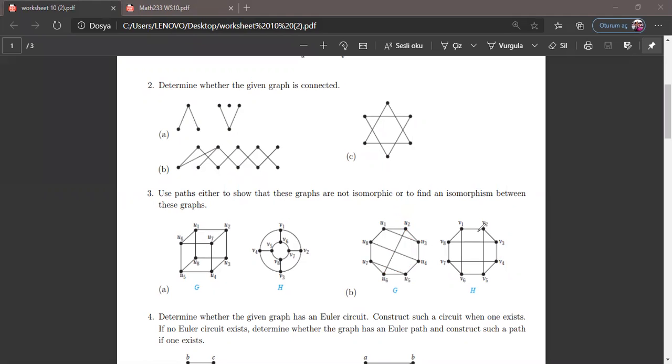So we cannot find any isomorphism between them, because if we have an isomorphism, and this is a circuit in a graph, then the image of it should be a circuit in the corresponding graph. So we cannot find any circuit of length 5 here, so there is no isomorphism between them.